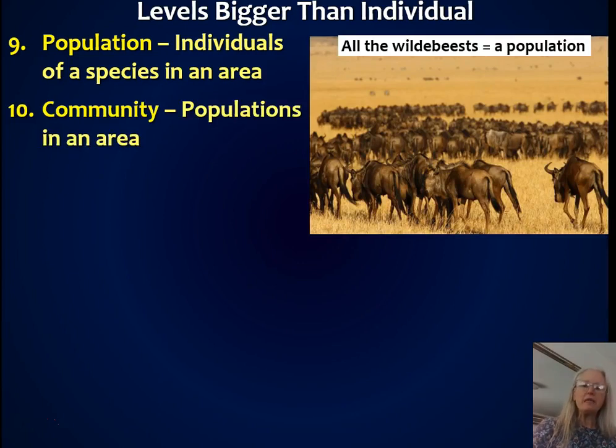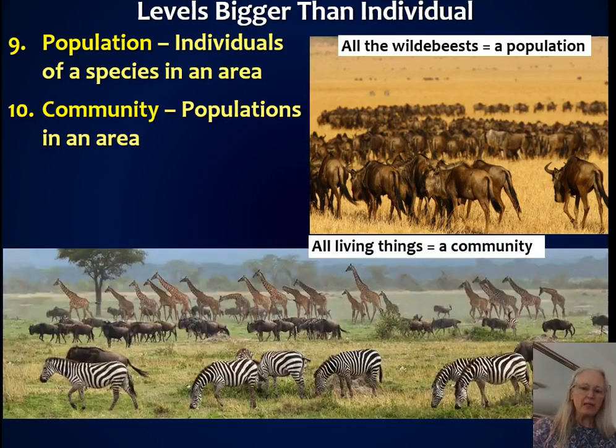And then community, so getting bigger, now we're adding all the populations together. So in Africa on the savannah, you might have wildebeests and giraffes and zebras and the plants and trees, and all living things together is a community.